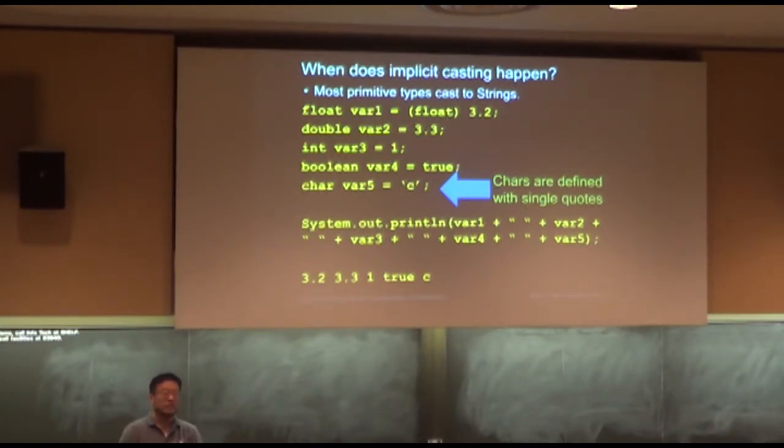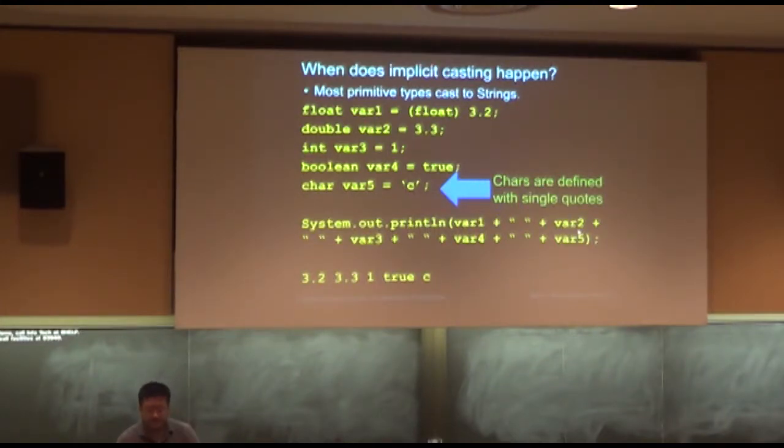It becomes the characters 3 period 2. And when I add a string to a string, I get the two strings concatenated together. So this little part here becomes 3.2 space. And so the first two items of this addition are a string. That entire thing is one string now.